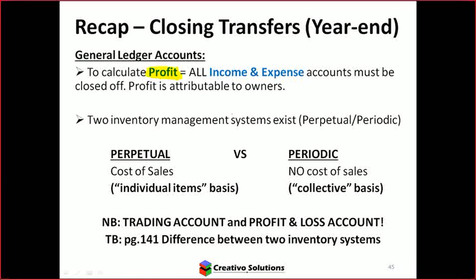On the statement of comprehensive income. That's good, that's for disclosure. But in terms of accounts, the trading account calculates which profit? Gross profit. And profit and loss? What profit? Net. Correct.